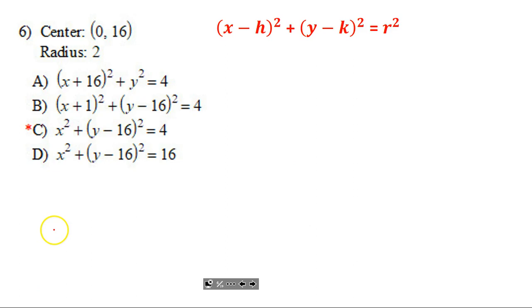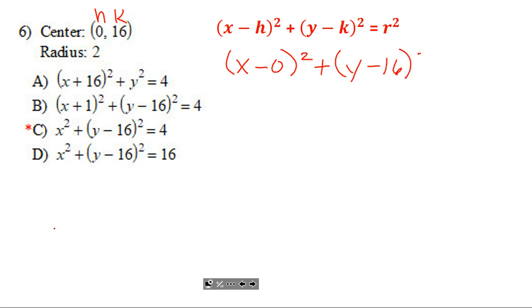Number 6. This one, we are given the center and the radius. So if you recall, our center here is going to be h and k. We're given that formula on the formula sheet, so we can then just plug everything in. So our formula is going to be x minus our h, which was 0, squared, plus y minus our k, which is 16, squared, and then our r squared is 2 squared.